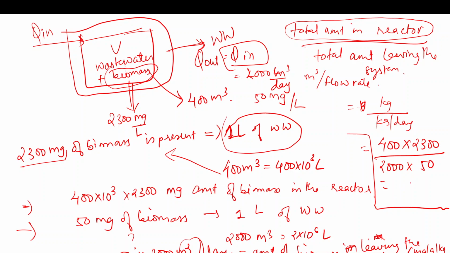If you solve this, it should be 9.2 days. So the average time spent by each microbe inside the tank is 9.2 days. Are you able to understand now?